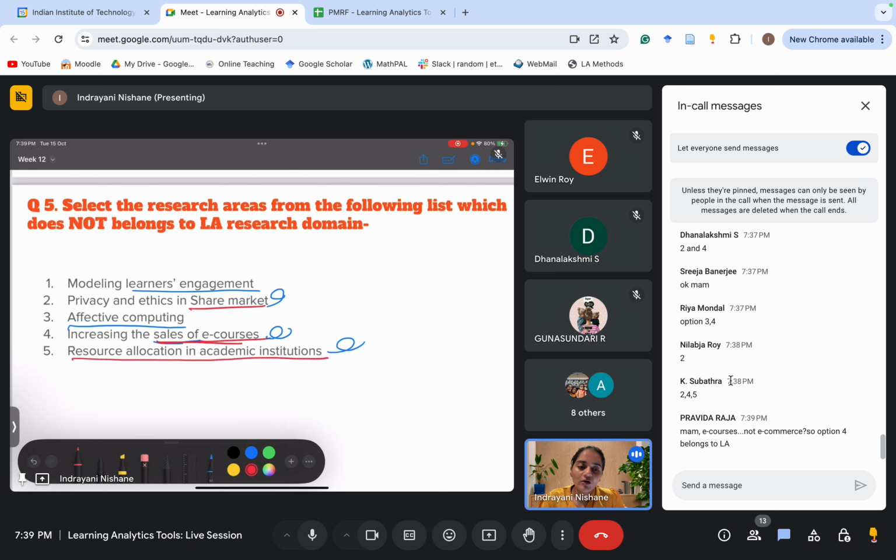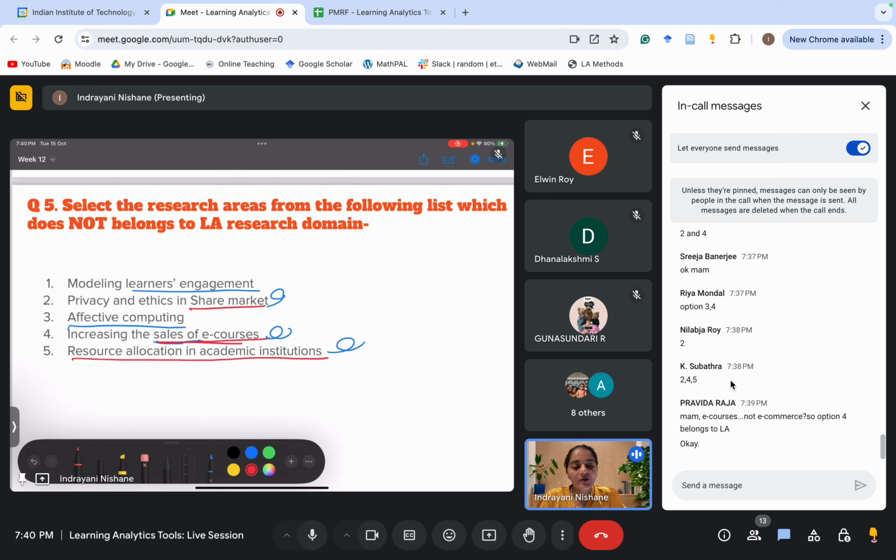So when we talk about learning analytics, we are majorly interested in students' learning processes, to understand how students are learning, so that we can optimize their learning environment. Even though I may have said e-commerce while talking, we are talking about sales of e-courses. So sales will not be giving us more insights about how students are learning any particular course.